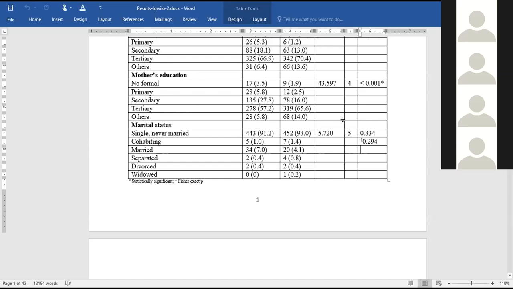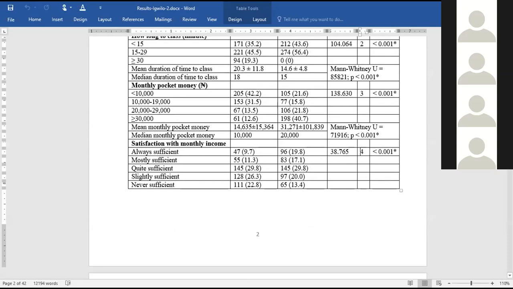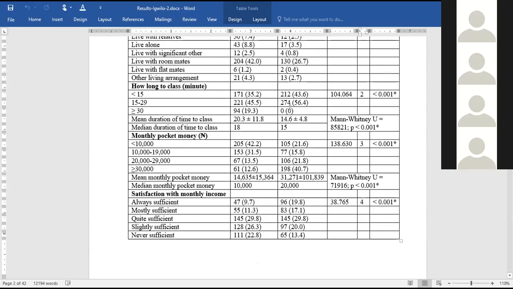I'm looking for something with an extreme value that is still valid, because you can even have 0 in one cell. Look at this one now. There is 0 in one cell here. But the total for that level is 94, so 94 versus 0 is 94.